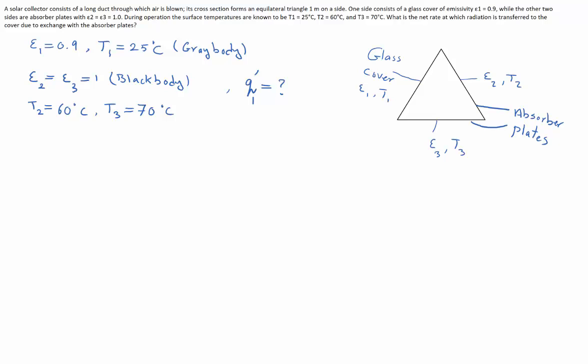Some radiation will try to escape back to the environment outside this collector, and we're trying to find that. So we're trying to find the value of Q1, the net radiation that is going to leave the glass cover.